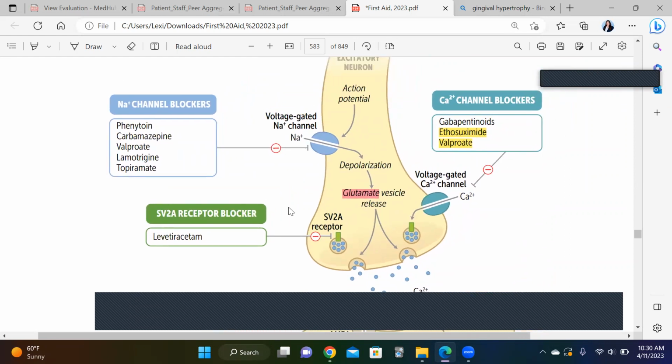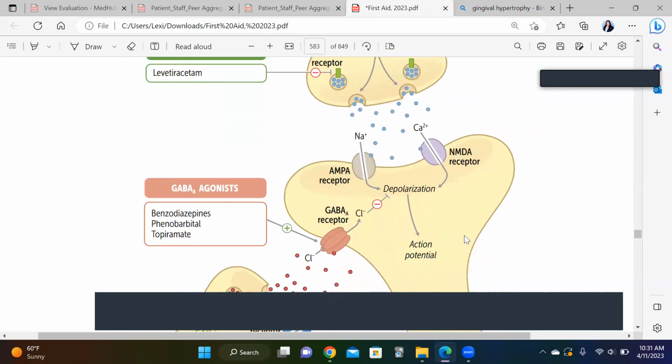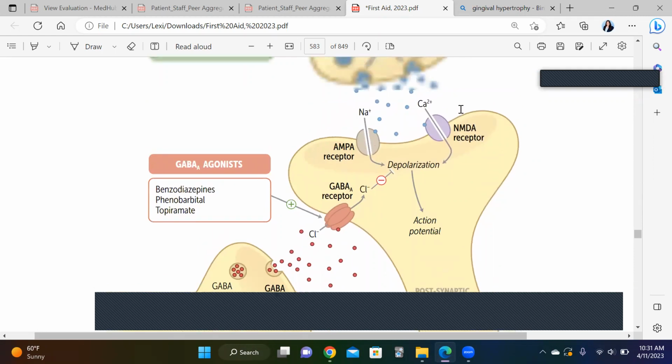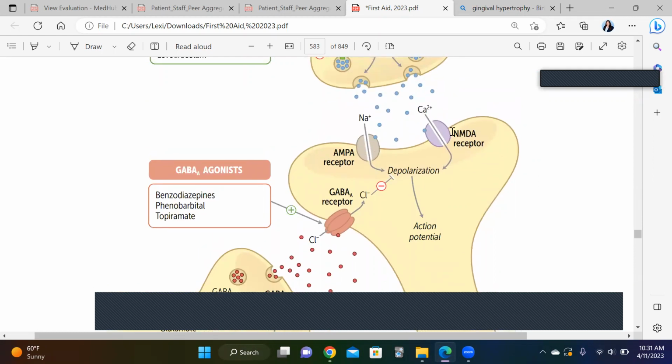So everything is blocking glutamate. All of the anticonvulsants are blocking glutamate, but they're all doing it in different ways. They're reminding us that glutamate binds to which receptors?